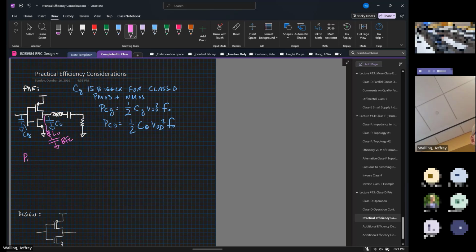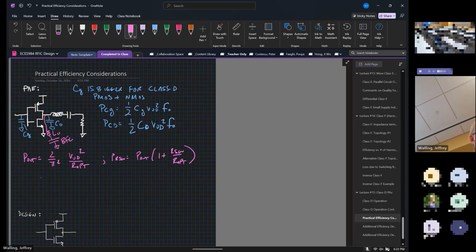Our output power is equal to (2/π)² times VDD² over R_opt. Our switching power, P_R_switch, is equal to P_out times (1 + R_switch over R_opt).